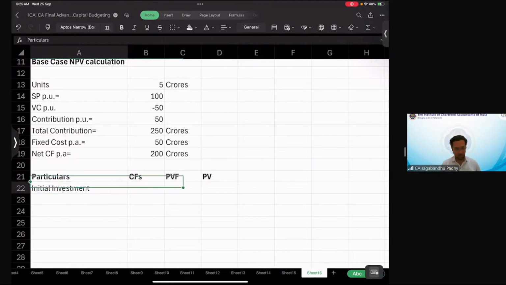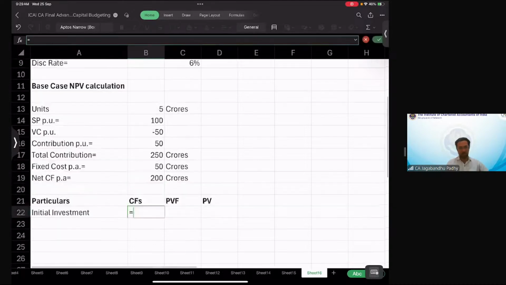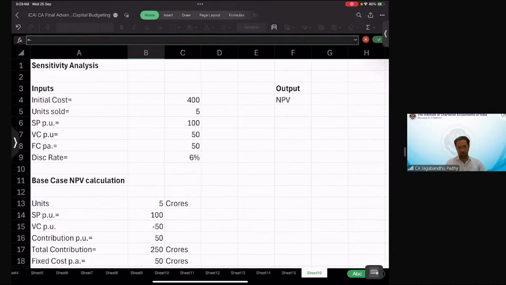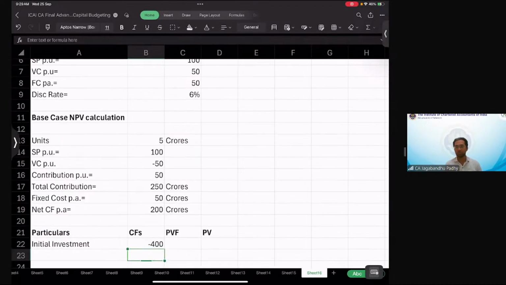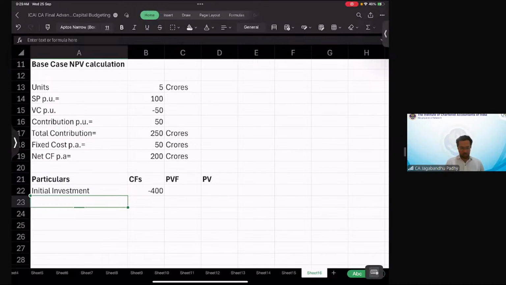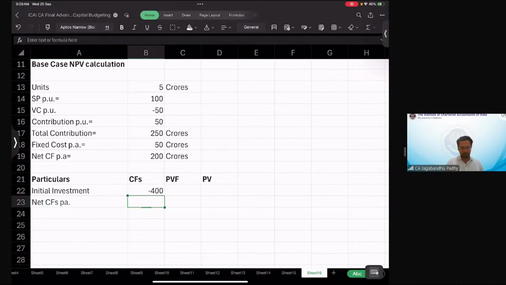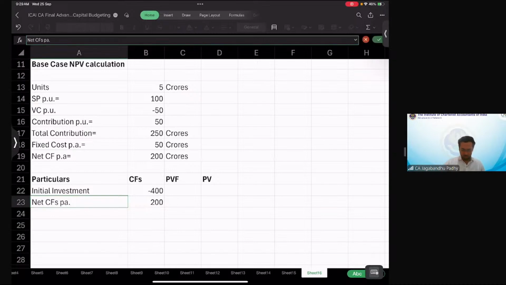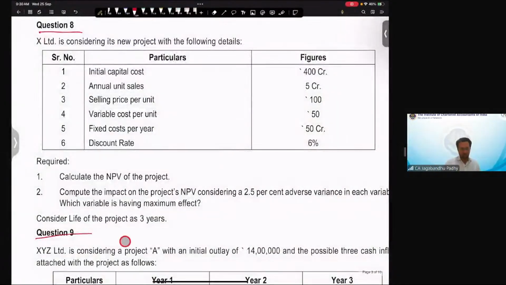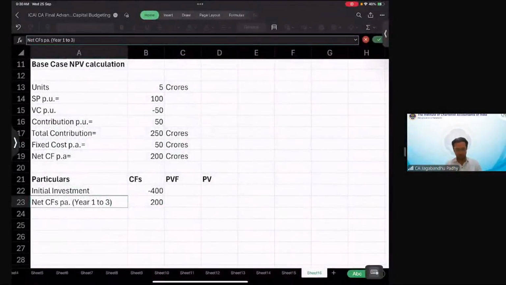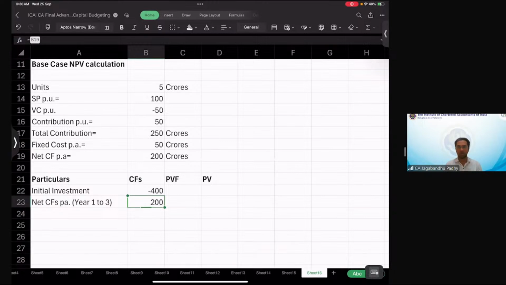What's the initial investment that we have? Initial investment is 400 crores, right? And then we have net cash flows per annum as 200 crores, and this is happening from year 1 to, what's the project life? 3 years. Year 1 to 3. So every year for the subsequent 3 years, we're going to have 200 cash inflows.